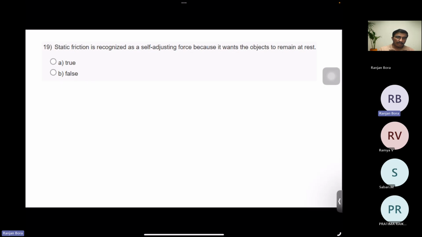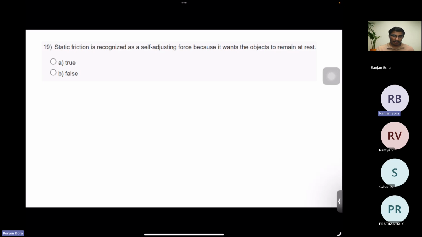Next question. Static friction is recognized as a self-adjusting force because it wants the objects to remain at rest. Is this true or false? We have seen it.